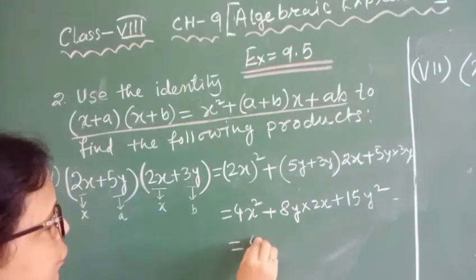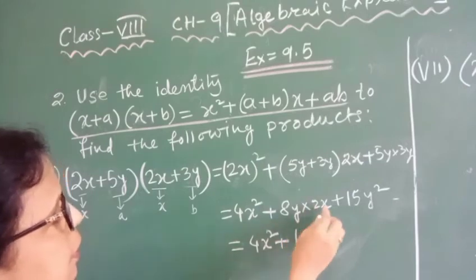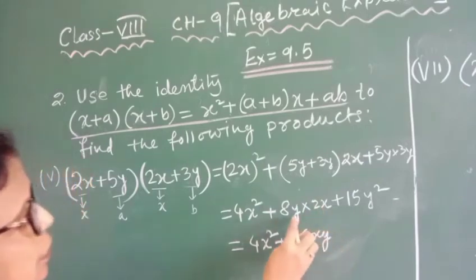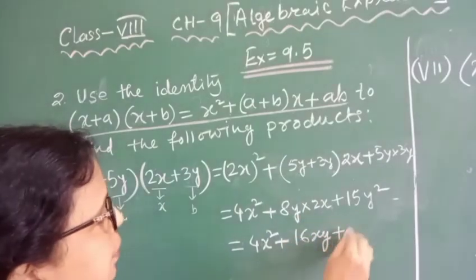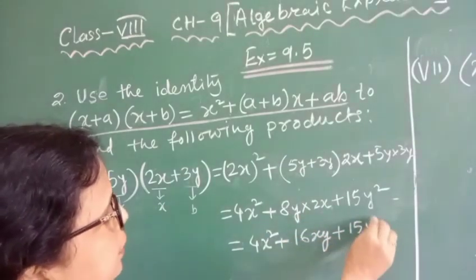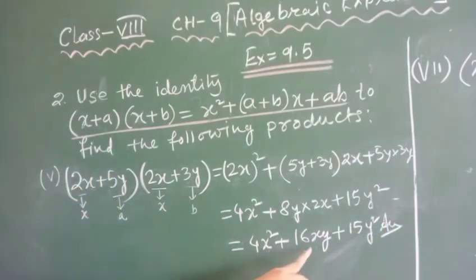Next line, 4x square plus 8 2s are 16, xy. Instead of yx, you have to write xy alphabetically. Plus 15y square. And this is the result of this sum. This is the answer: 4x square plus 16xy plus 15y square. Okay.